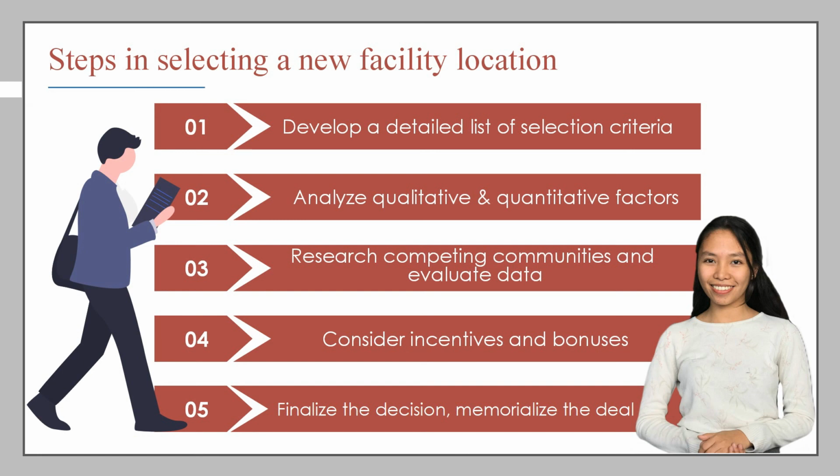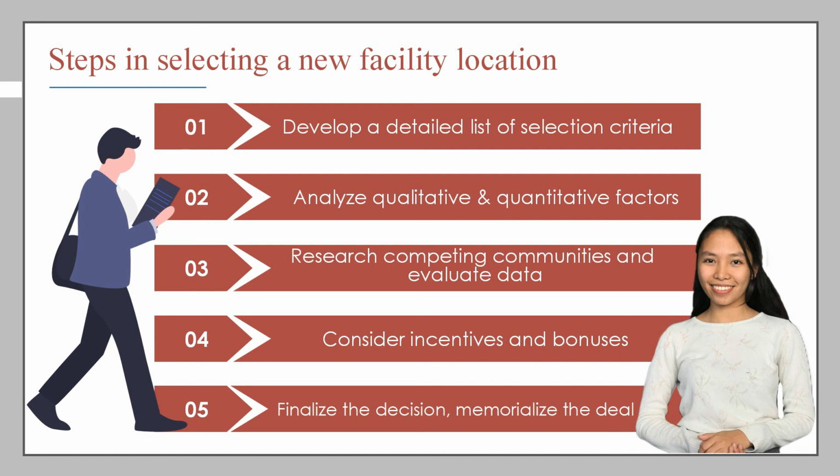Depending on the site, incentives may include free or reduced cost of land and building, below market rent, build-to-suit projects, cash grants, loan guarantees, infrastructure improvements, site remediation, utility hookups and discounts, property tax reductions, and job training.